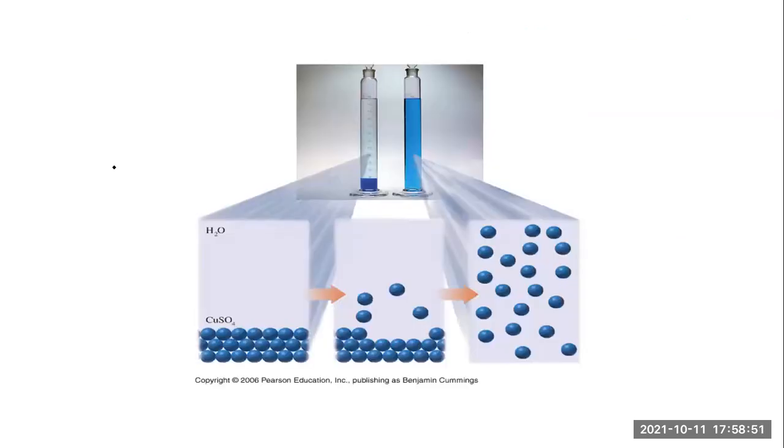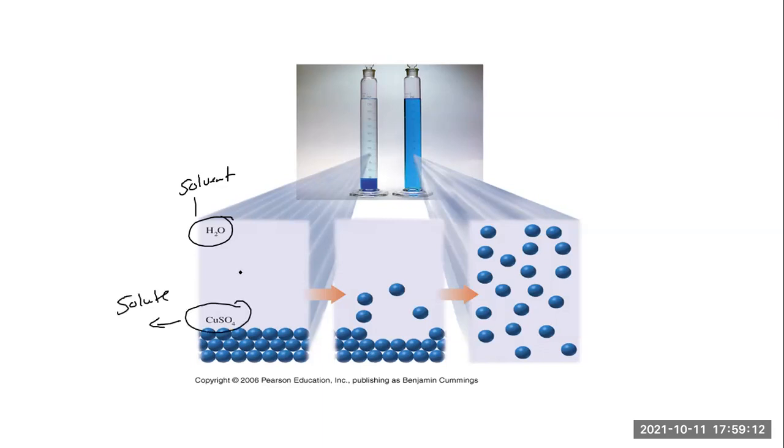Here's sort of that process. We have our solution here of water and some copper 2 sulfate. The water, which is the larger part, is our solvent. The copper 2 sulfate here is our solute.